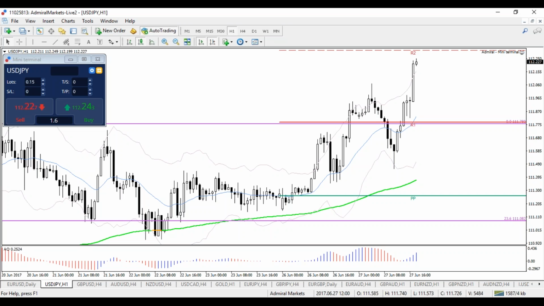111.50 could have been an entry too, potentially, but that would have had to be a pending order, probably not a market order, because if you wait for some kind of confirmation of a reaction to a level, then you would need to wait for this wick at the very minimum. So 111.50 would not be an entry unless you use a pending order. I use pending orders, but only when I have high confidence in the setup.